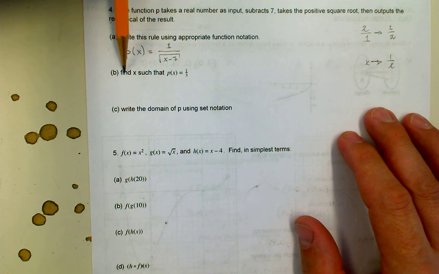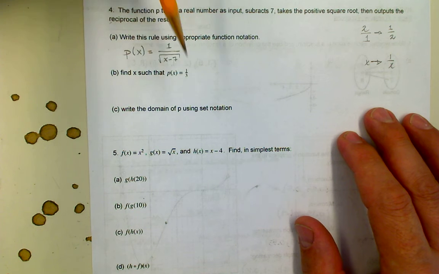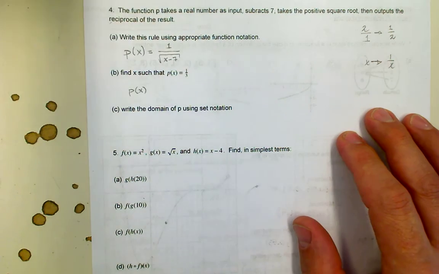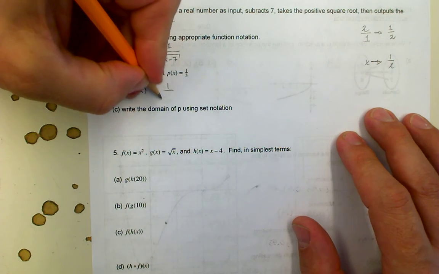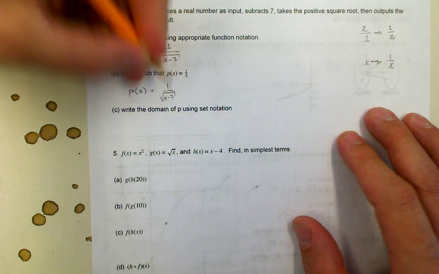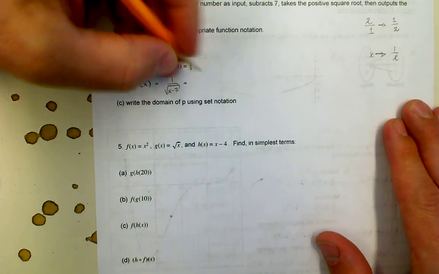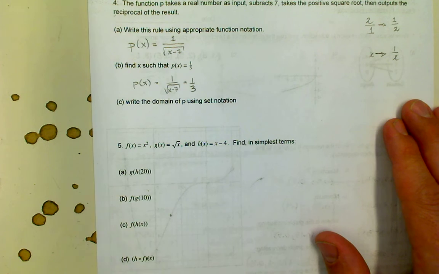Next, we're asked, find x such that p of x equals 1 over 3. Well, I know that p of x is equal to 1 over the square root of x minus 7. And I'm asked to find the value of x that's going to give me this.